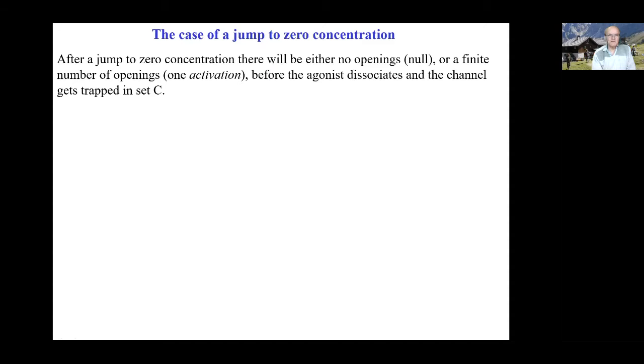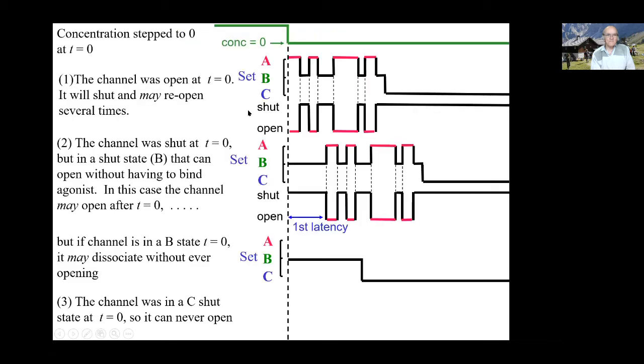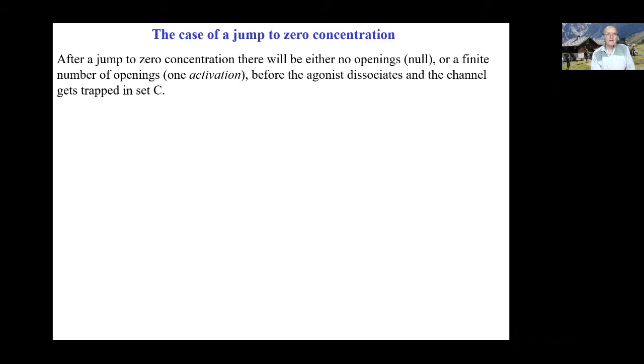Now, these possibilities can be put together without using the QFF matrix, which is singular at 0 concentration. After a jump to 0 concentration, there will either be no openings at all, or a finite number of openings, which we can describe as one channel activation.